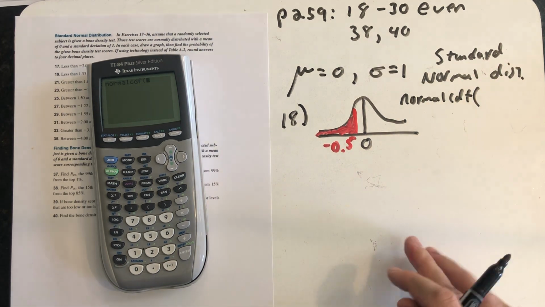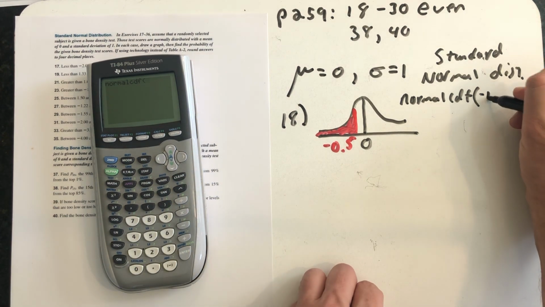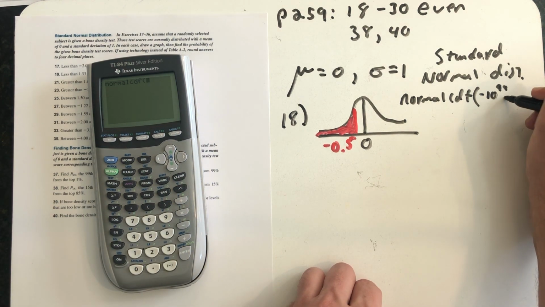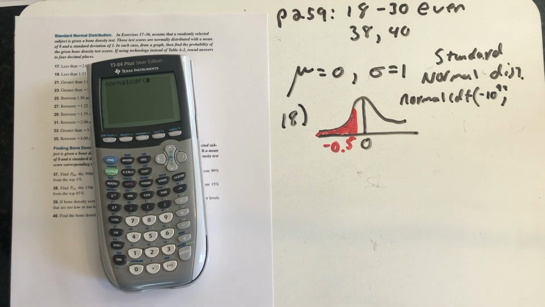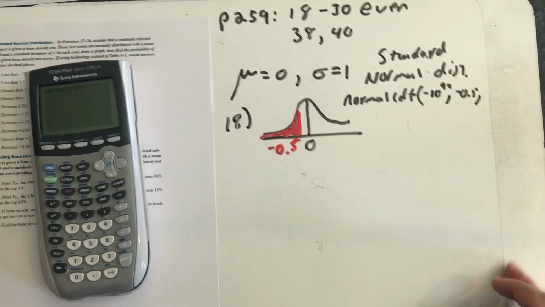We're supposed to type into Normalcdf a left value, and because that goes all the way forever, I like to use minus 10 to the 99th, something very far away from the mean that it might as well be infinity. A right-hand endpoint, so minus 0.5, and then we type in the mean and the standard deviation.